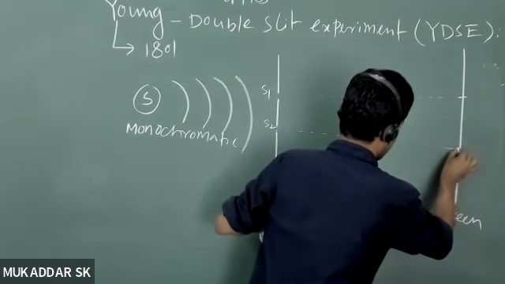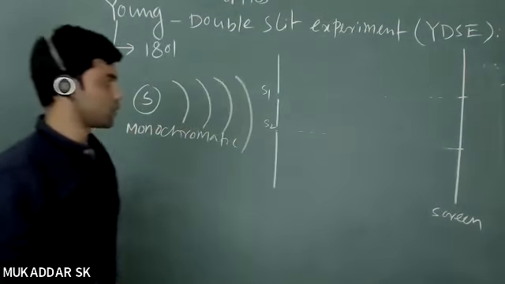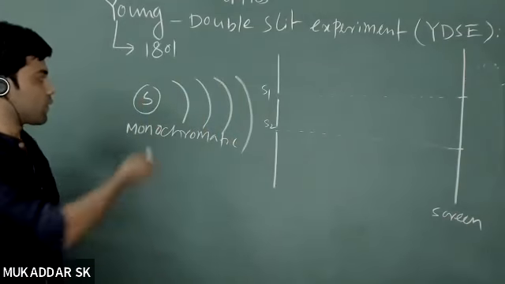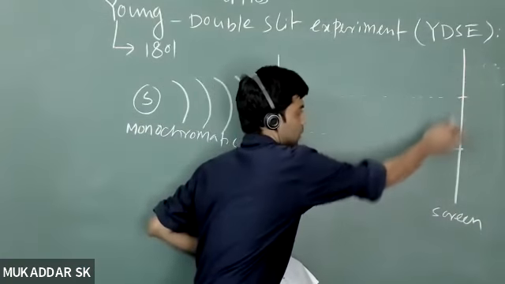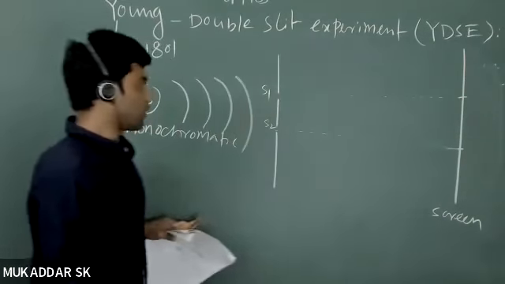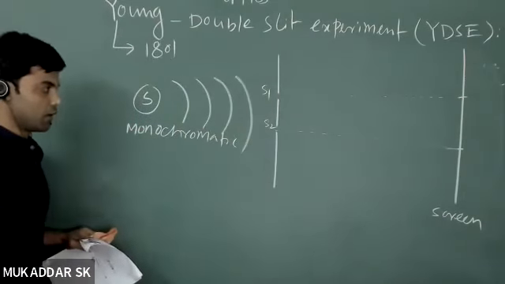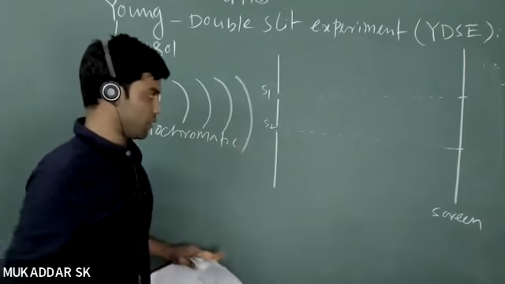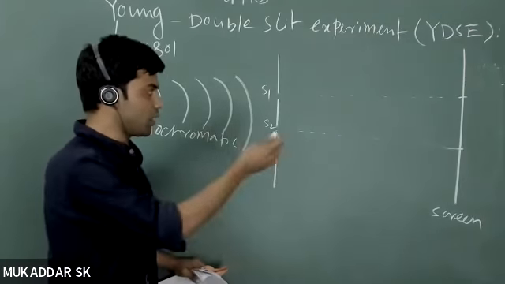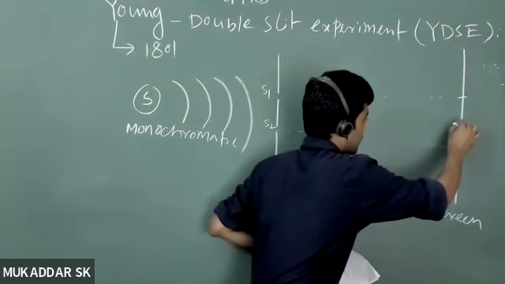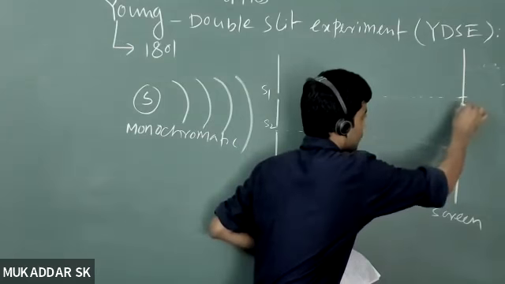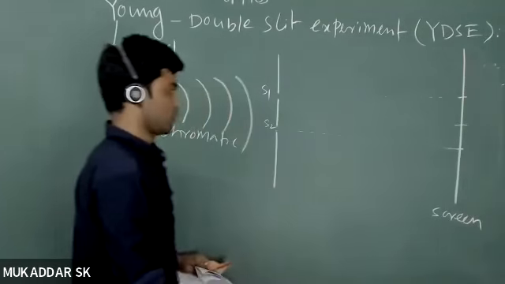You would get only two bright patterns. But when they performed this experiment, they observed something different: a pattern of fringes, bright, dark, bright, dark, and so on.